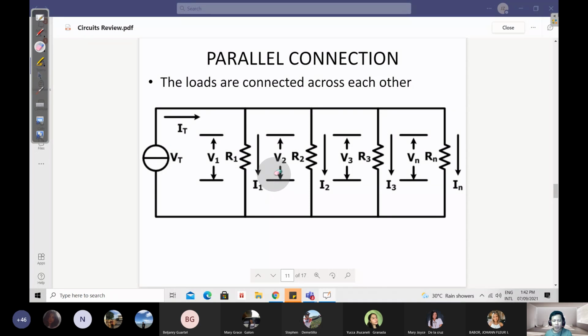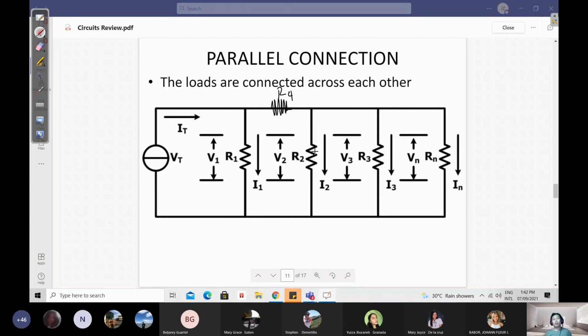When you draw the parallel connection like this, you have R1, R2, R3, Rn, all connected. Now, there is a common misconception about parallel connection: that anything drawn in a parallel shape is parallel. For example, what if I have another resistor here, let's say R4? Is R1 still considered parallel with R2? The answer is no.